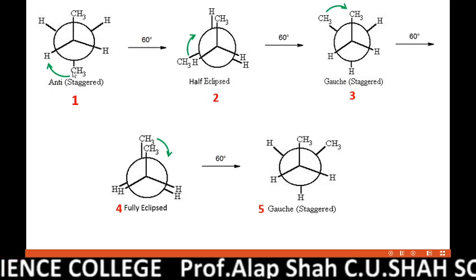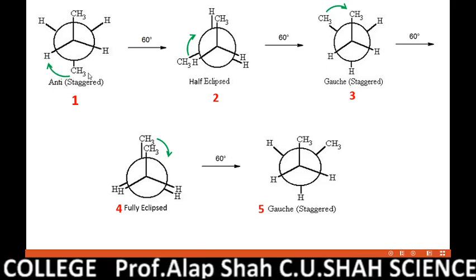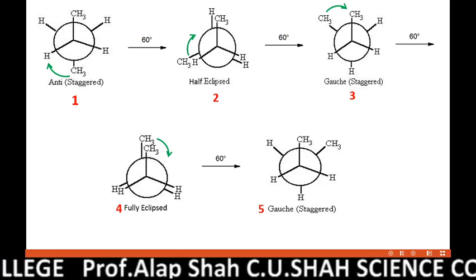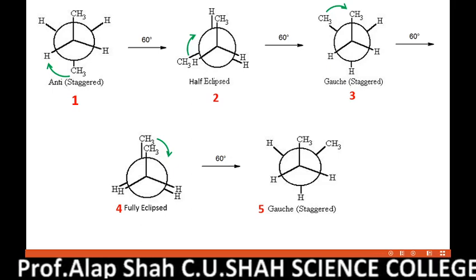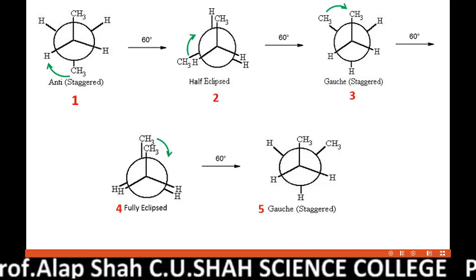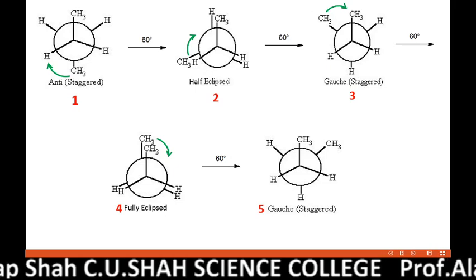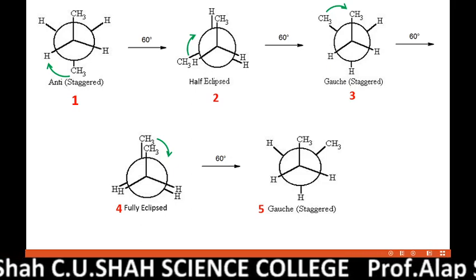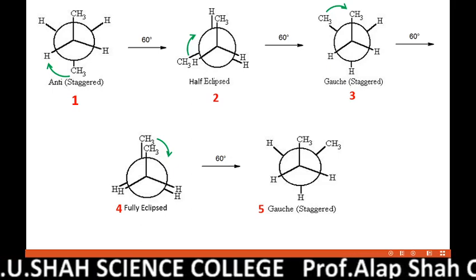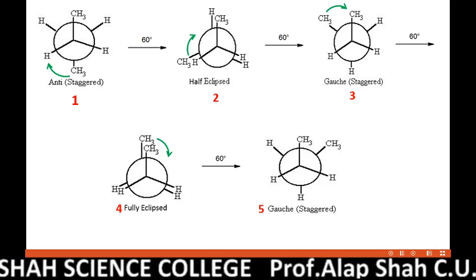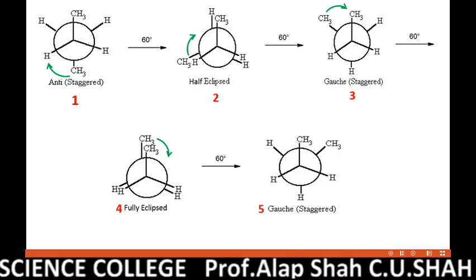If you rotate the rear carbon, in the direction of the arrow or in the reverse direction, even a slight rotation will make both methyl groups start coming nearer to each other. So in this conformer all the bonds are staggered and both methyl groups are as far as possible from each other, and as a result this conformer is free from any kind of repulsion. That's why it is the most stable conformer of normal butane.